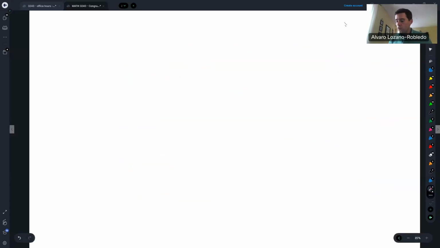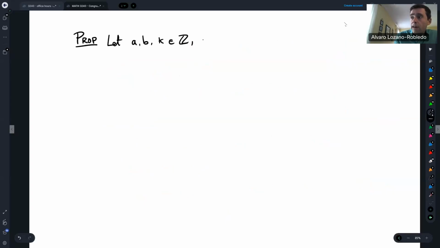So let me show you then what is actually true. Here's the statement that we're going to prove. Let A, B, and K be integers, and M and N be bigger than 1.